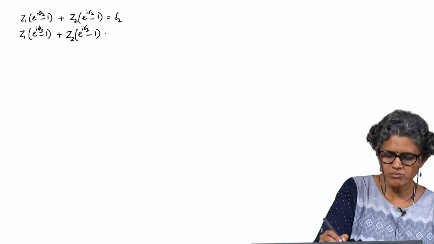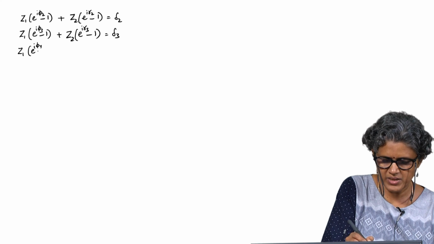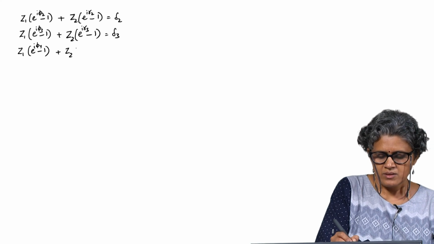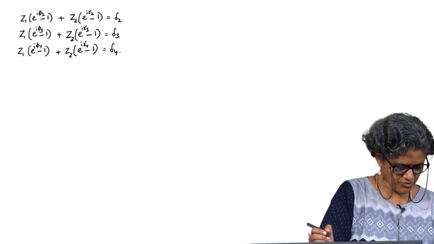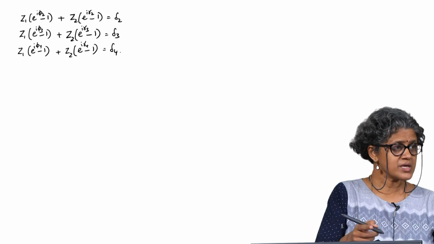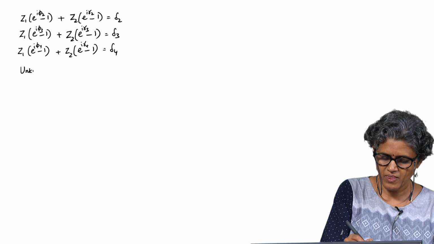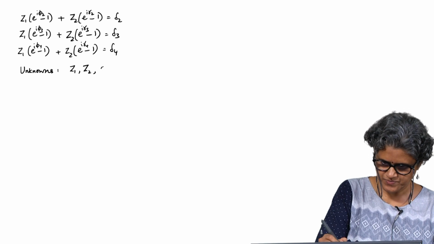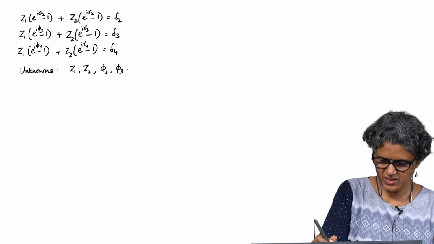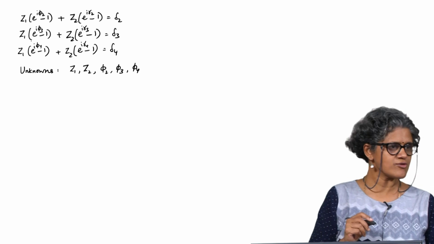The standard form, e^(i phi 4) minus 1, delta 4, right. So, here the unknowns are Z1, Z2, phi 3, phi 4, and the unknown angles are in transcendental form.